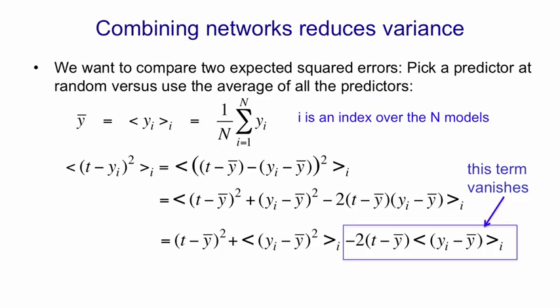And so we're multiplying together two things that are zero mean and uncorrelated, and we expect to get 0 on average. So the result is that the expected squared error we get by picking a model at random is greater than the squared error we get by averaging the models by the variance of the outputs of the models. That's how much we win by when we take an average.